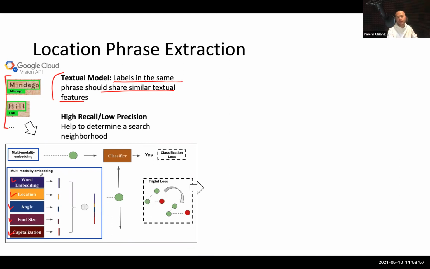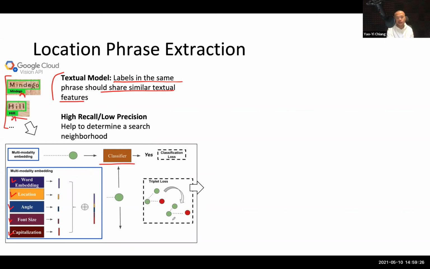By word embedding, if you're not familiar with it, it's a natural language processing tool that is able to convert each word into a feature vector, a set of numbers. And if your two sets of numbers are close, that means these two words are semantically close.